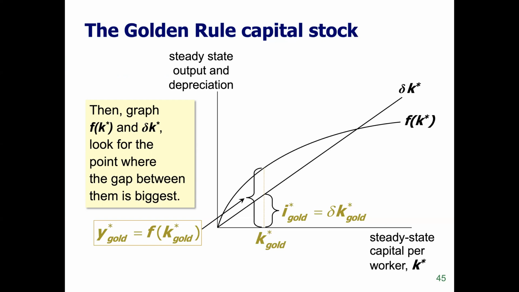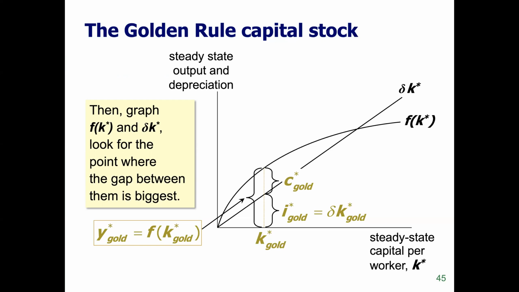Okay, because we can see now what i star gold is there. It's equal to delta k star gold. And we can see what y star gold is. That's f of k star gold. And the gap between them is c star gold.